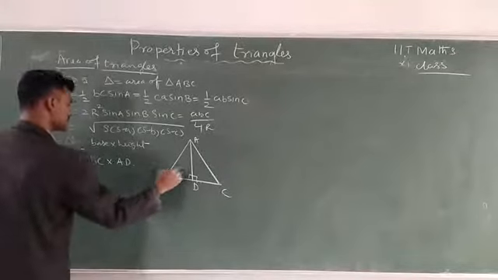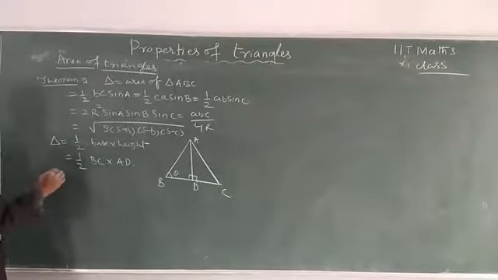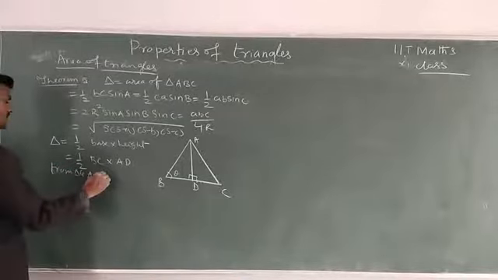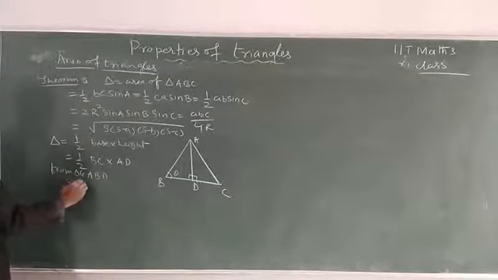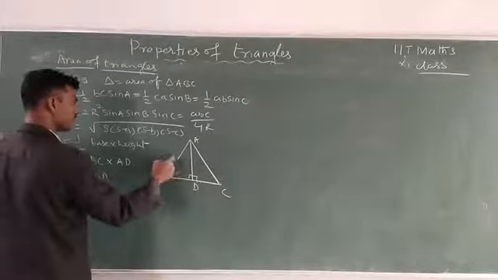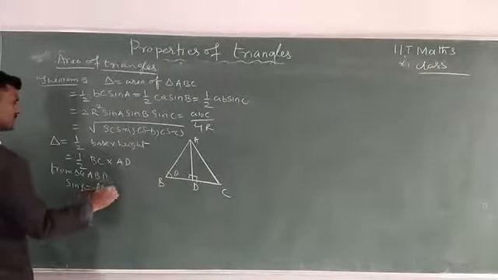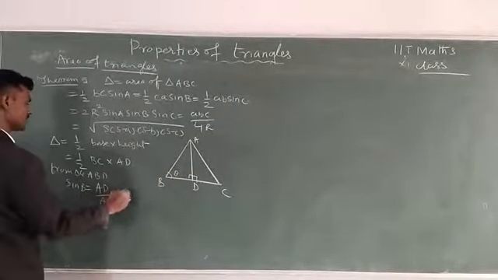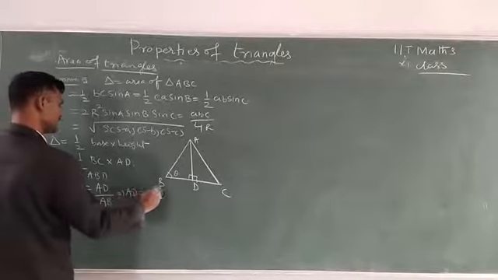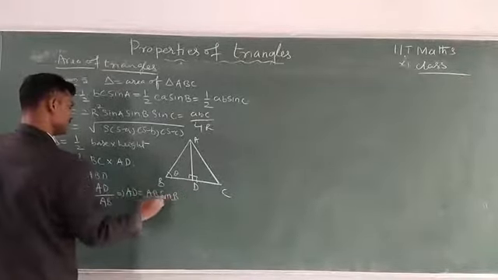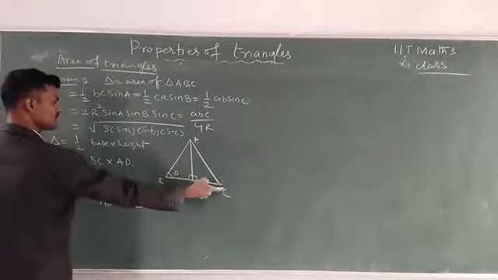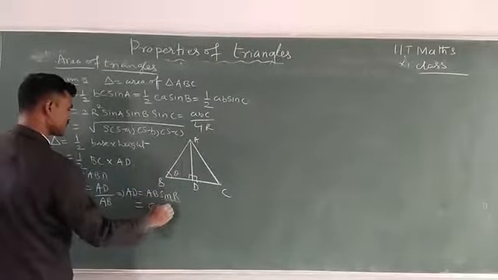But here you can take angle B. Okay, from triangle ABD, sin B is equal to opposite by hypotenuse. Opposite is AD by AB. Now AD is equal to AB into sin B. Here AB means what? AB means this is C, the opposite side, C into sin B.